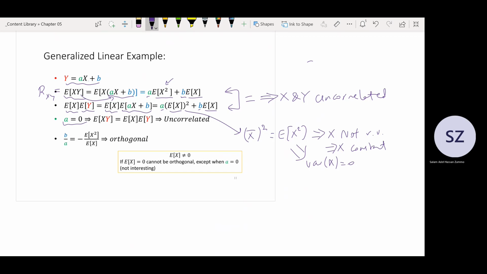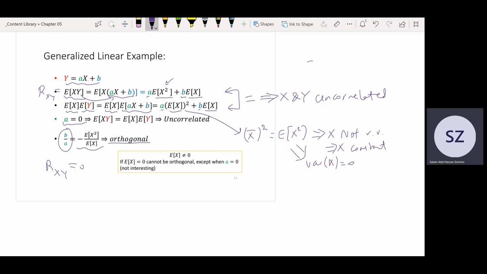with each other. Now, what about the orthogonal? Orthogonal requires that the Rxy equals 0, right? So in order for Rxy to be equal to 0, so this thing equal to 0, then basically equating this, a over b must be equal to this, which is the expected value of x squared minus expected value of x squared divided by the mean of x.